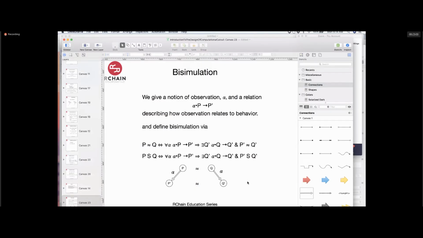So that's the picture. For any alpha, if I can observe P via alpha, and that takes me to P prime, then I can find a Q prime such that I can observe Q via alpha, get to Q prime, and the subsequent states are bisimilar.